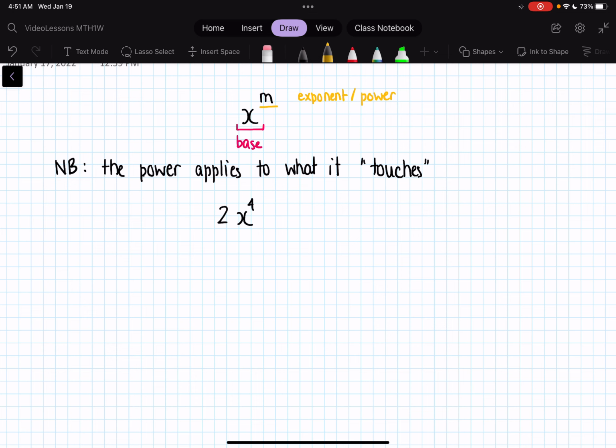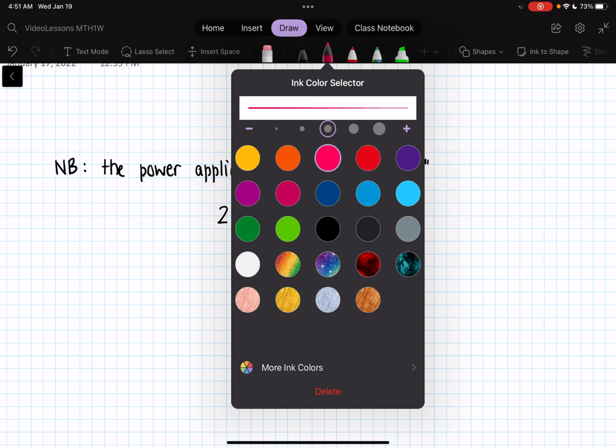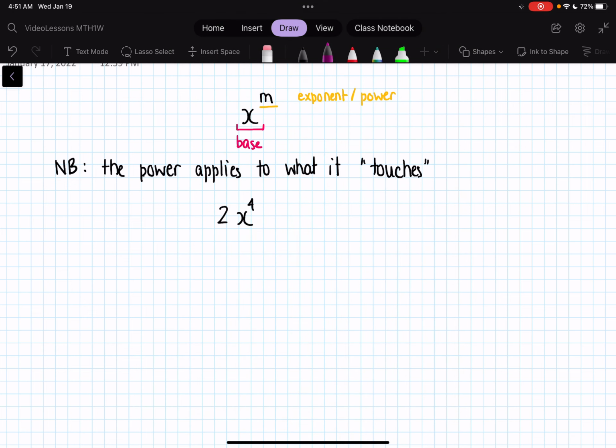The 2 is what we call a coefficient. So this is actually the coefficient. It does not get the power. The x is the base here. And of course, 4 is your power.